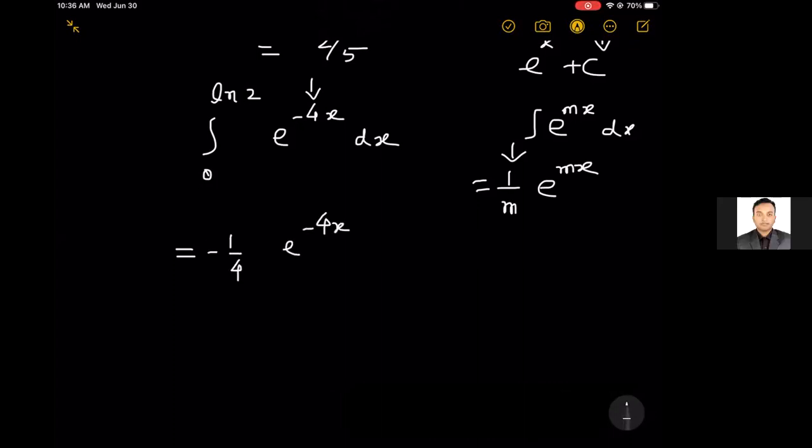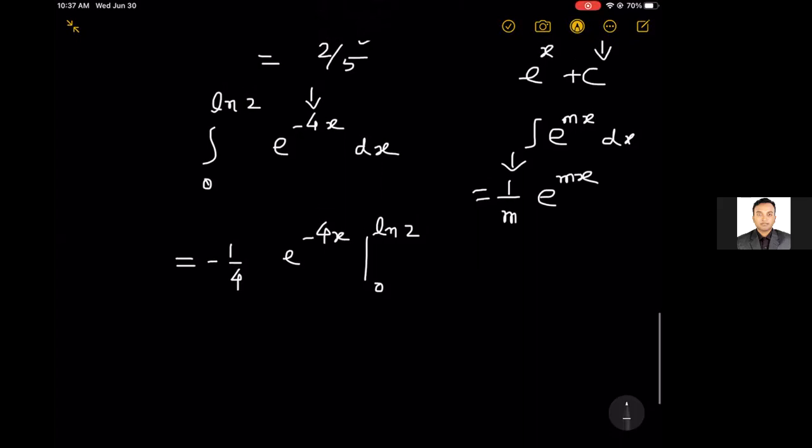And you have to put the bar in for evaluating. Exactly. Since we have a -4, our m is -4 here, so we should expect a -1/4, right? And e to the -4x will be the same. And of course, we need to evaluate this at 0 and natural log of 2.